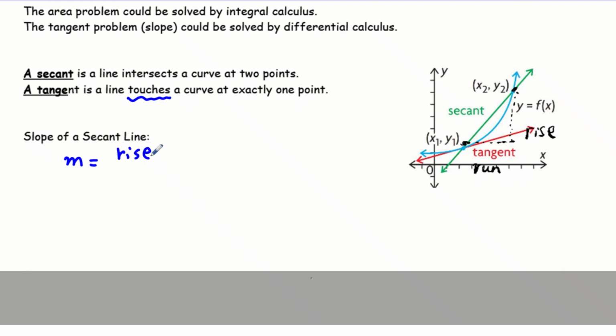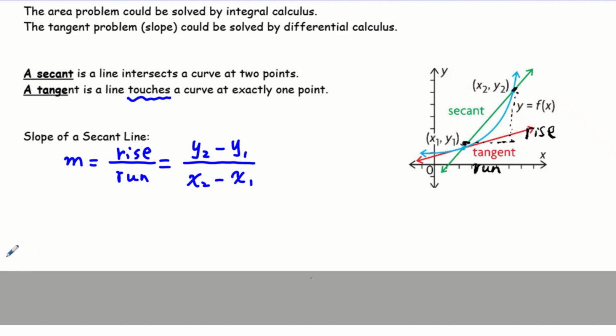From the 2 points, we are able to find the rise and run. The rise is the difference of y, so y2 take away y1. The difference means to subtract, the change. And the run is the horizontal difference, x2 take away x1. So this is the slope of a secant line.